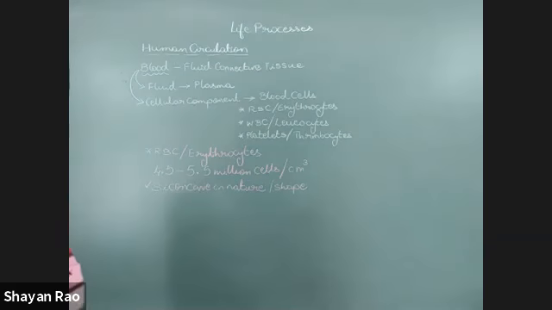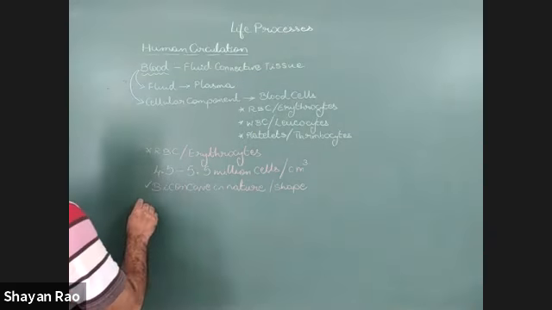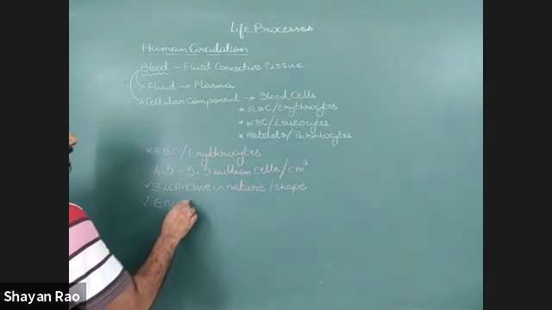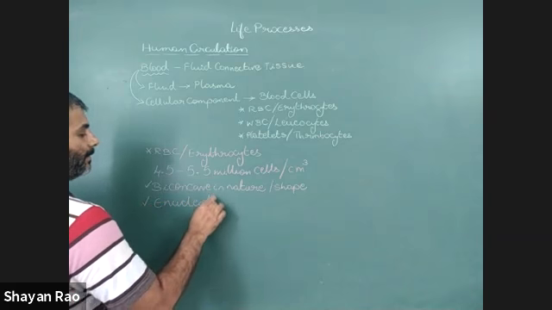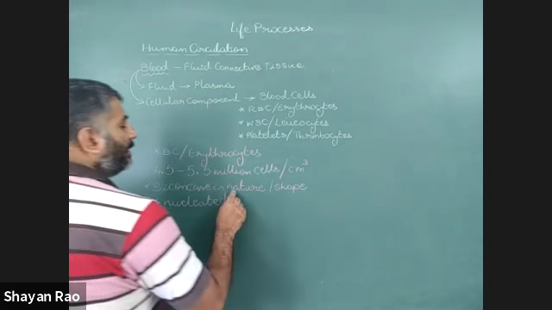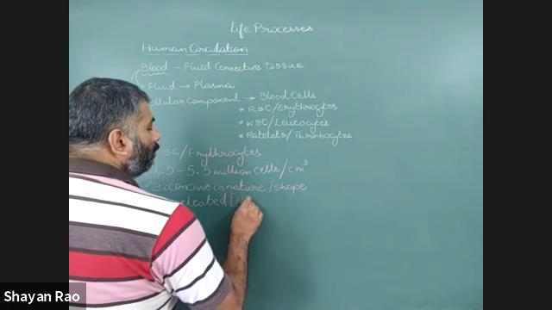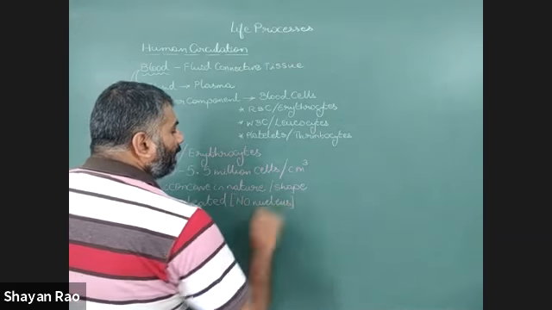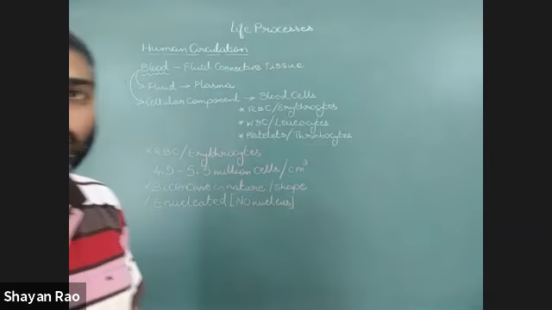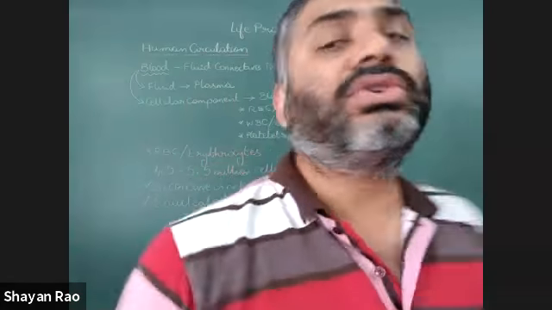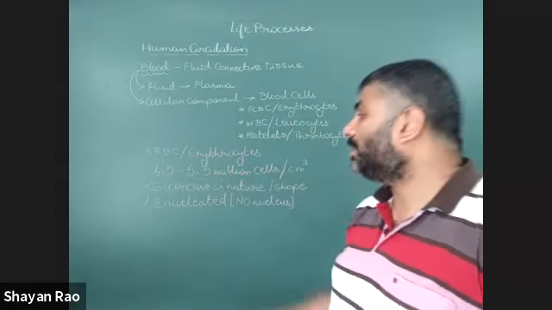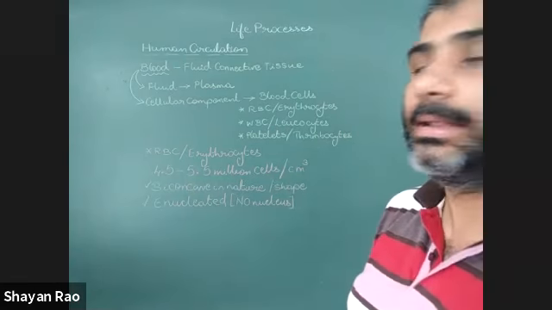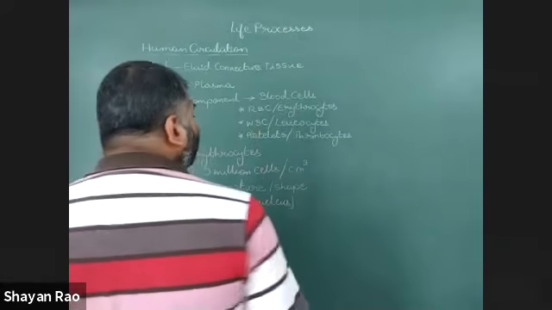Then simultaneously, RBCs are enucleated. What do you mean by enucleated? There is no nucleus. If there is no nucleus present, what is the use of this cell then? This particular cell shows a sacrificing nature.